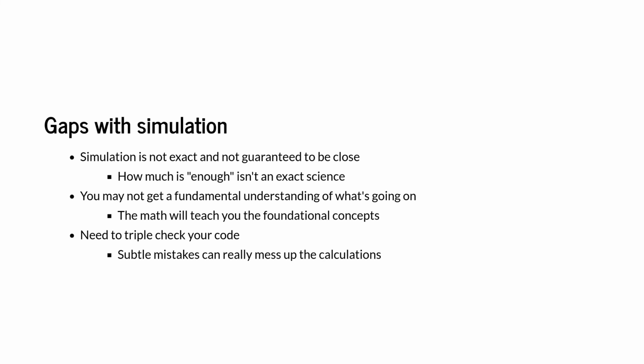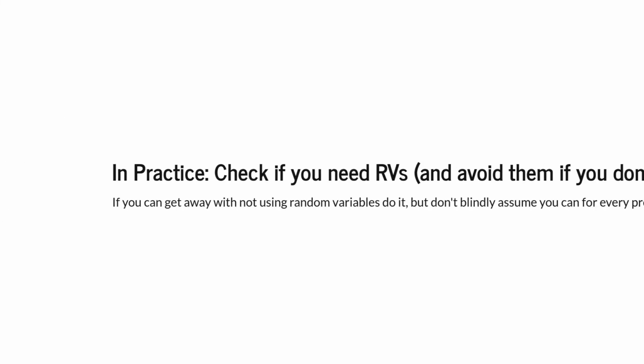And the last one is it is really easy to just make a subtle typo and get an answer and believe you're close. So if you're going to do simulation, you should just triple check, quadruple check your code to make sure it really is simulating what you think it is. Just like in these previous examples where there were 3 wrong ways in one sort of correct way.